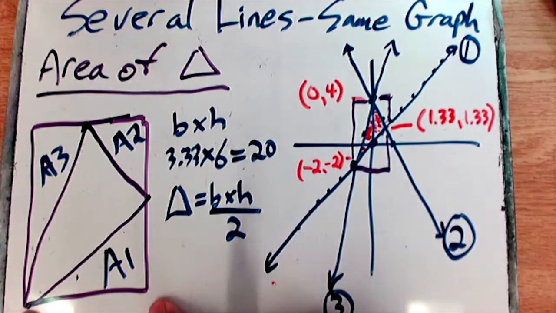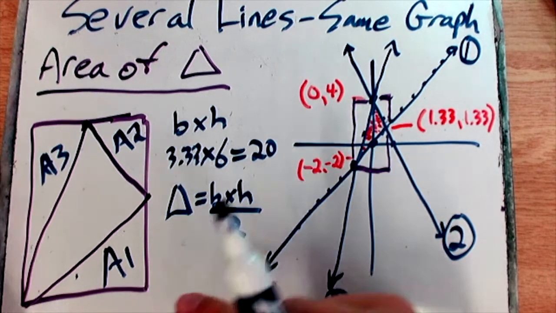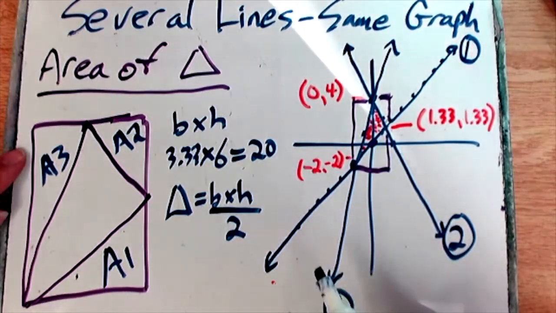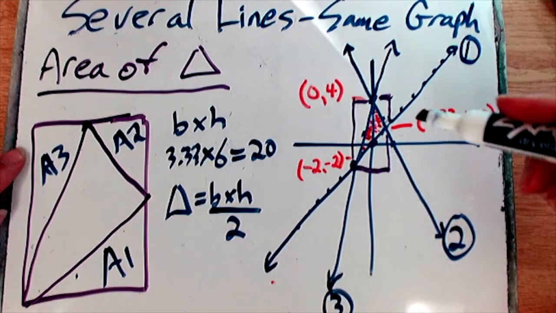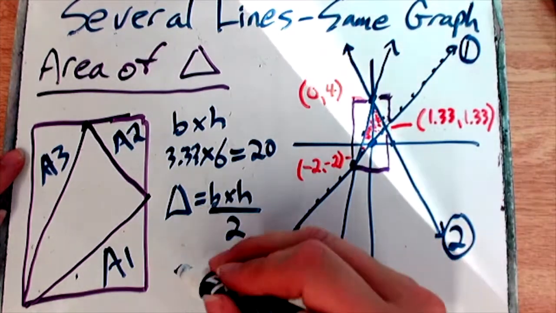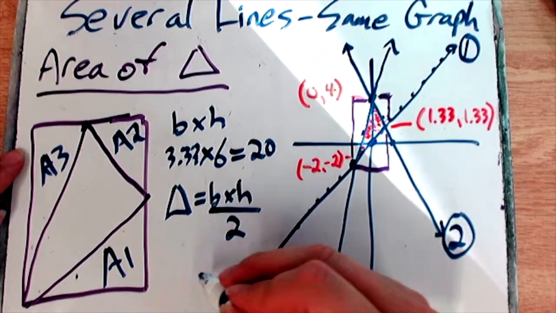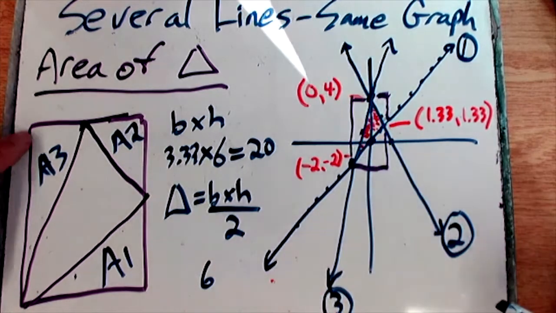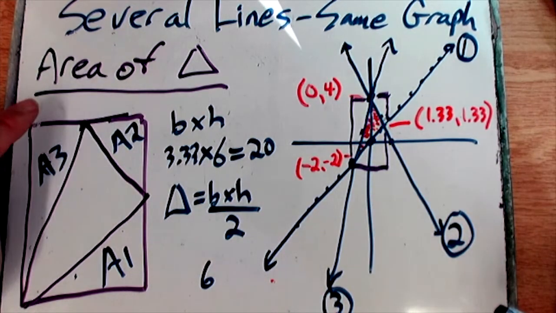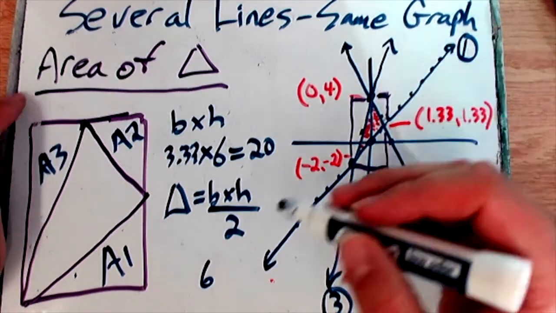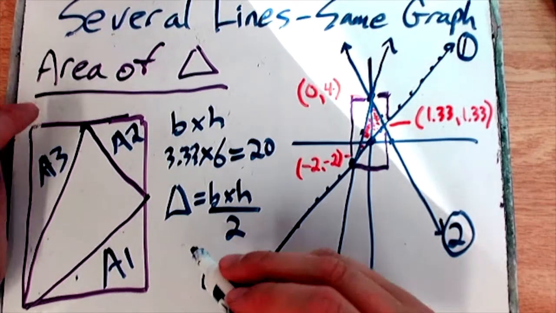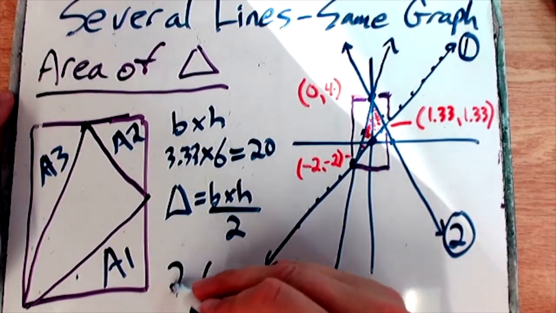So in this case, for example, actually that's maybe not the best case. Let's use A3. So A3 in this example is going to go up 6, so the height is 6. And this direction is going over to here, so that's 2. So the base of that triangle is 2.